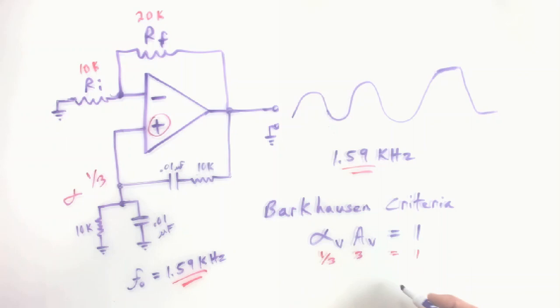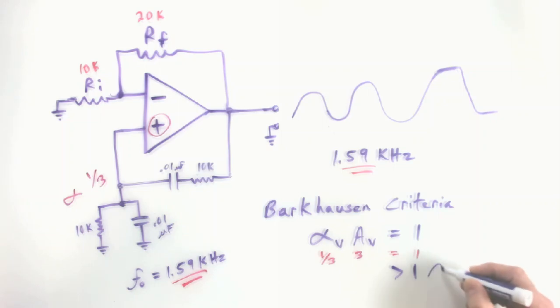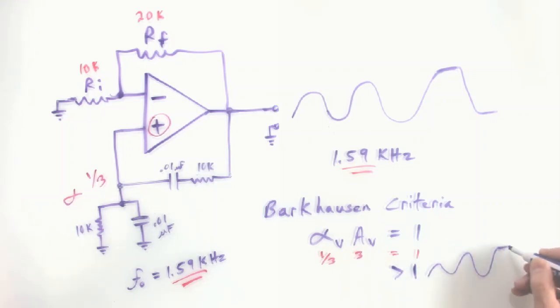In other words, for the Barkhausen criteria, if you're greater than 1, the output is going to grow to clipping. And we said before, if you're less than 1, you're not making up for the attenuation of your feedback network sufficiently. It might not start to oscillate at all, but even if it would, it would quickly die out into nothing.